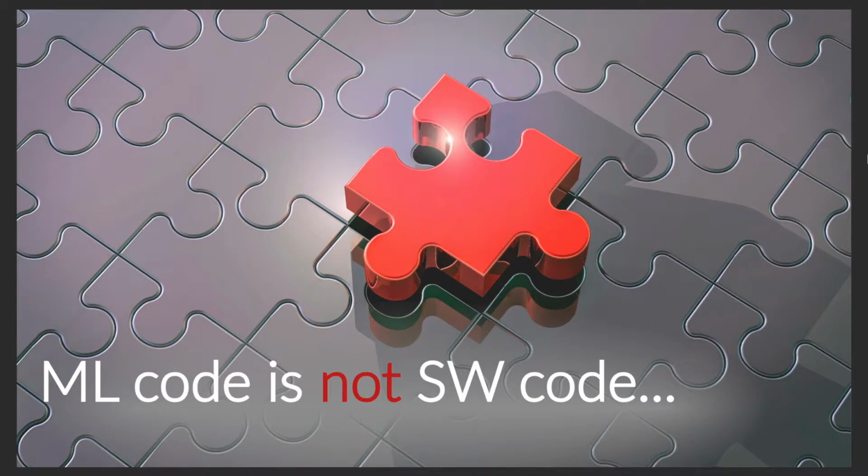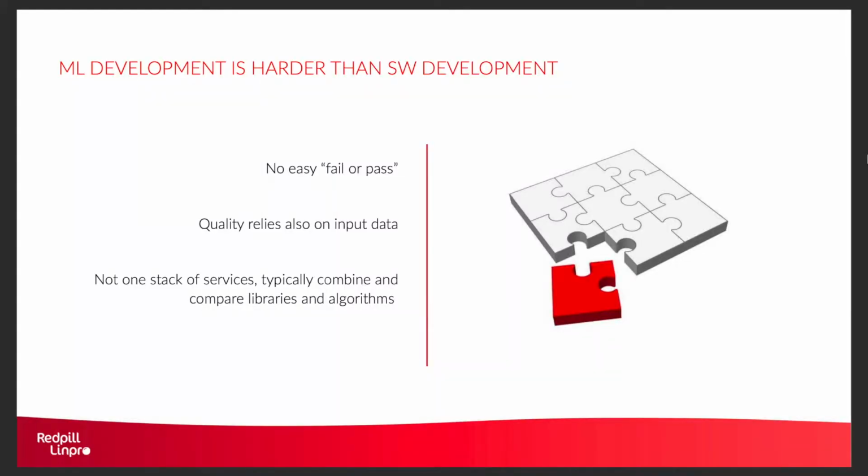However, trying to implement the ML code into this kind of pipeline, you can't really do it directly. And the reason for this is, of course, machine learning code is statistical code. It's not sort of software code. First and foremost, it's not really easy fail or pass.